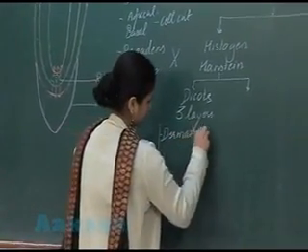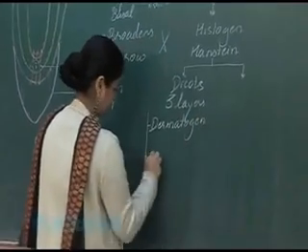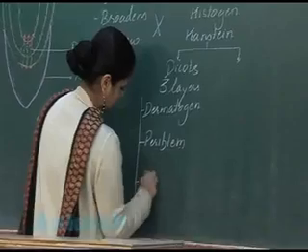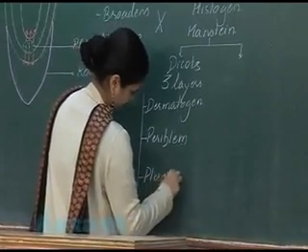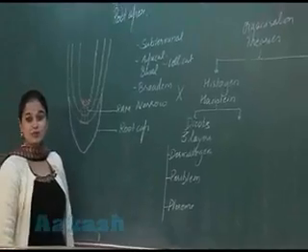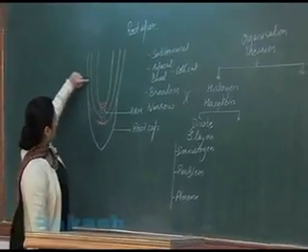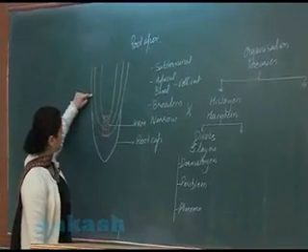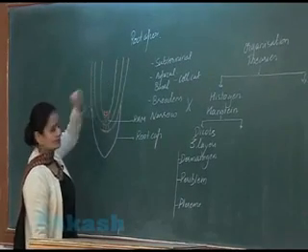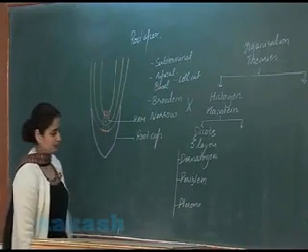Dermatogen, then periblem and plerome. I think the distinguishment of the 3 layers is very much visible here. Outermost, dermatogen, then periblem, then it is plerome.